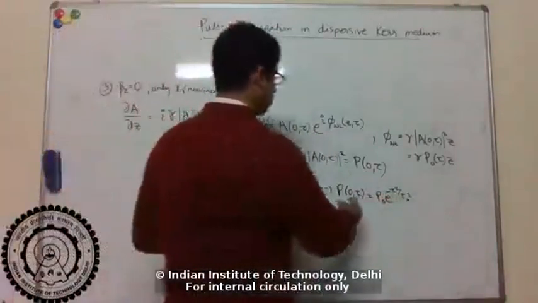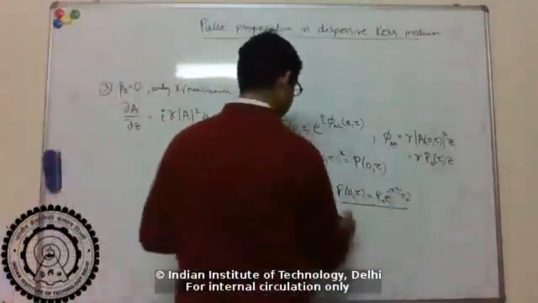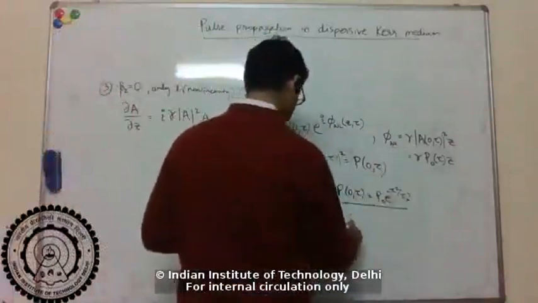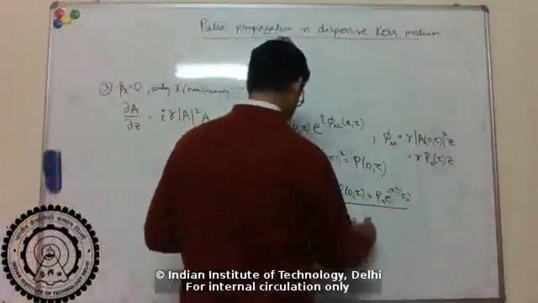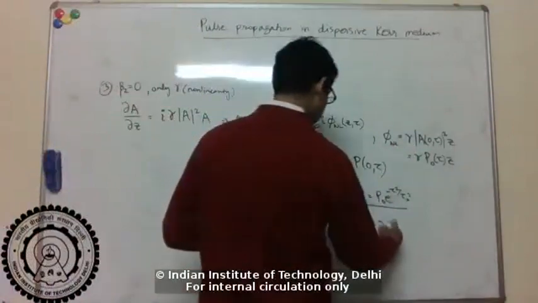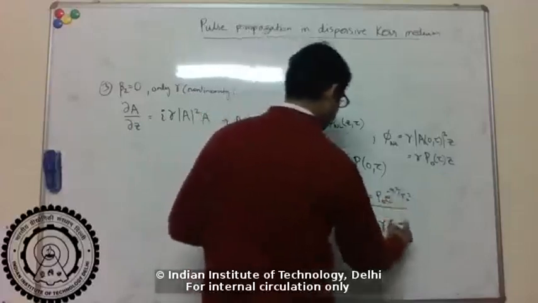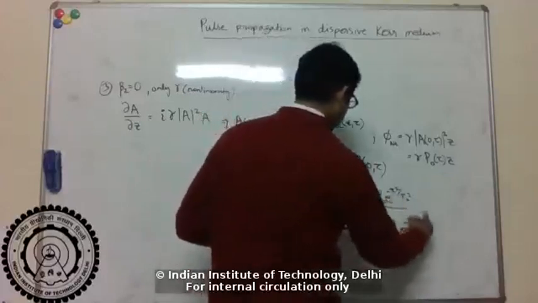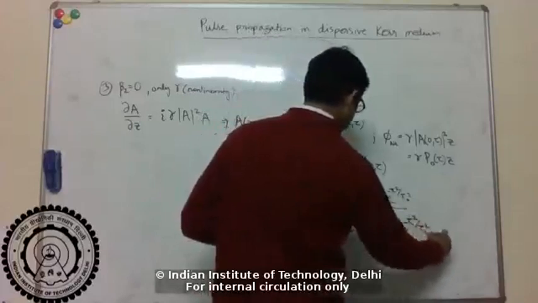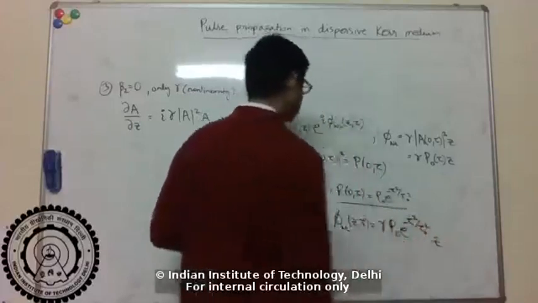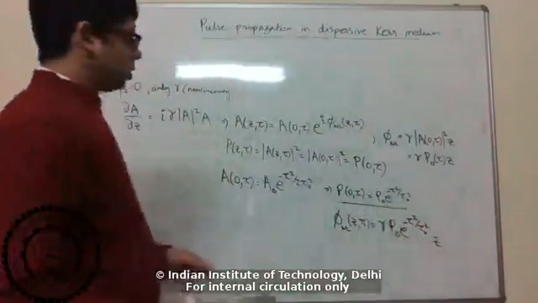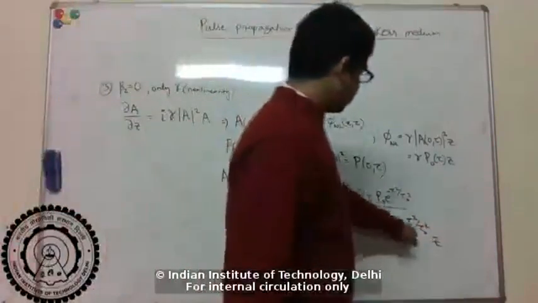Right, so that's my power, which means my nonlinear phase is gamma times P times Z. So you can see the nonlinear phase also has this Gaussian shape.